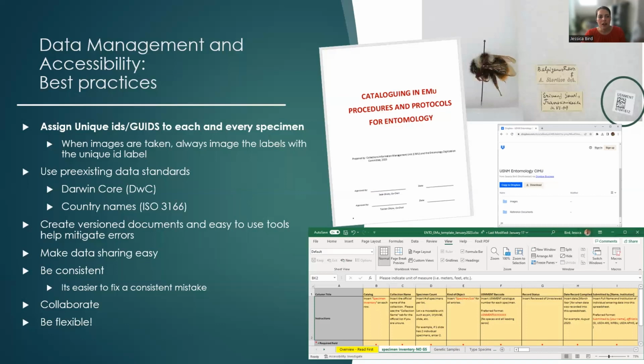Making data sharing as simple as possible is one of our current goals that we are working towards. We have found that if someone is doing data entry for us, it's best to provide them a data template with guidelines. Currently, we are trying to send out Dropbox links that contain all of our data standards and templates, as well as serve as a place where that data can be returned.